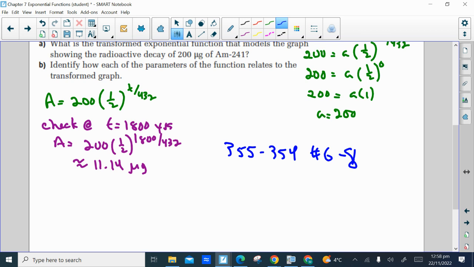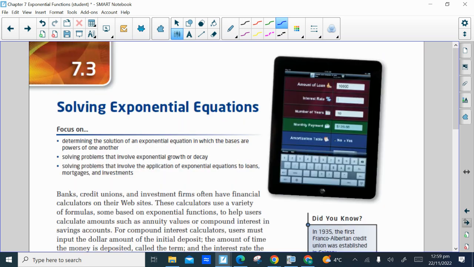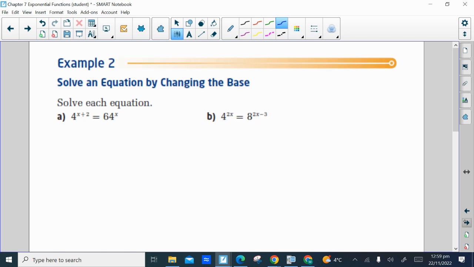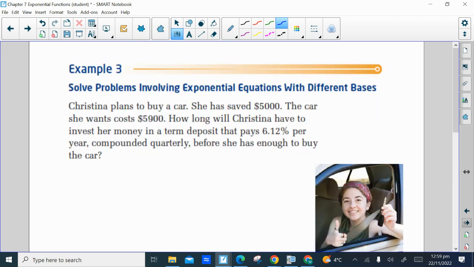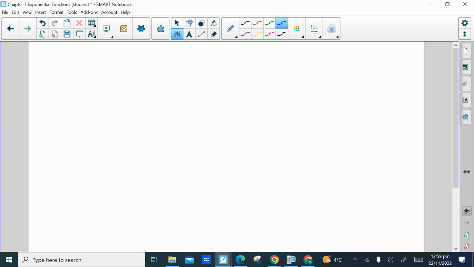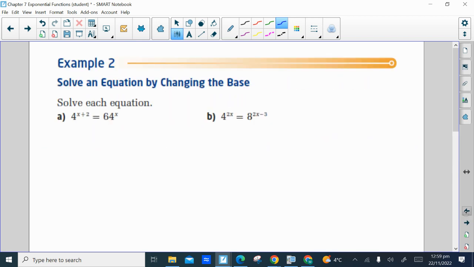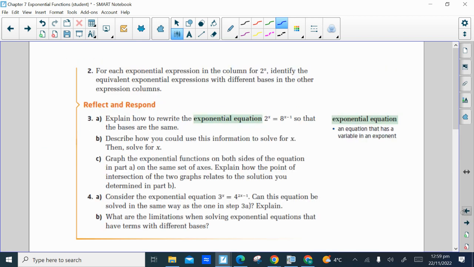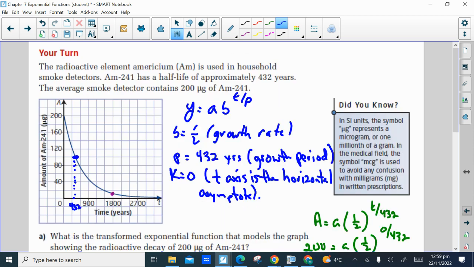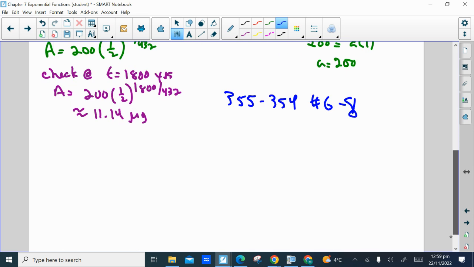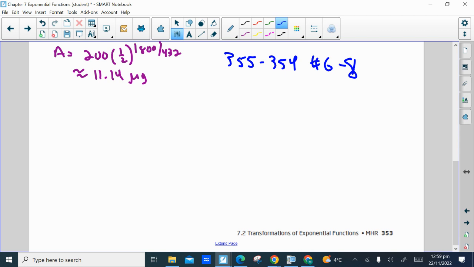We've got one more lesson to do on this chapter that we'll do tomorrow. And that's with solving exponential equations. And then Thursday will be your quiz on chapter 7. And then we'll start chapter 8, logarithmic functions, next week.